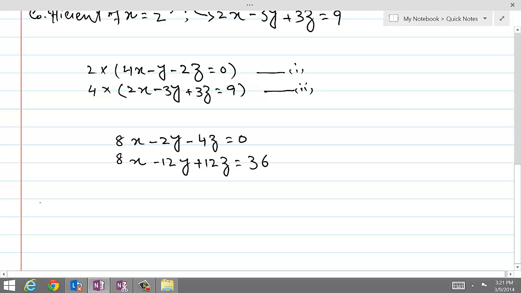And just like we have done in the past, we do a subtraction for eliminating x.